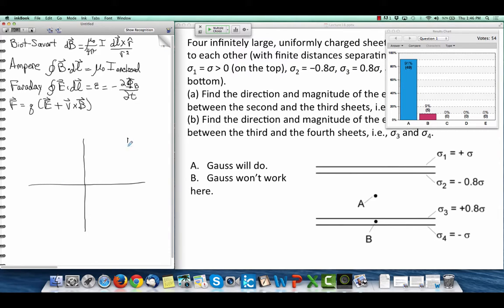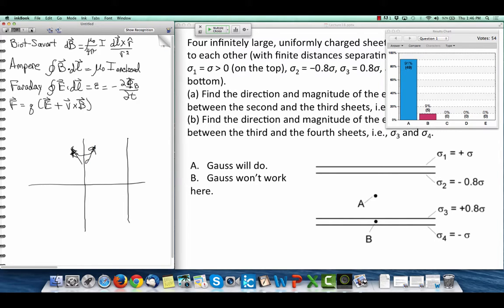If I pick a different vertical axis and rotate it around that, it doesn't change at all. So it has all sorts of axes of rotation that are symmetry axes. And because that's true, the field always has to be along that axis. Otherwise, if the field was in some other direction up here, then when I rotated it, that field would change direction and it wouldn't be the same.